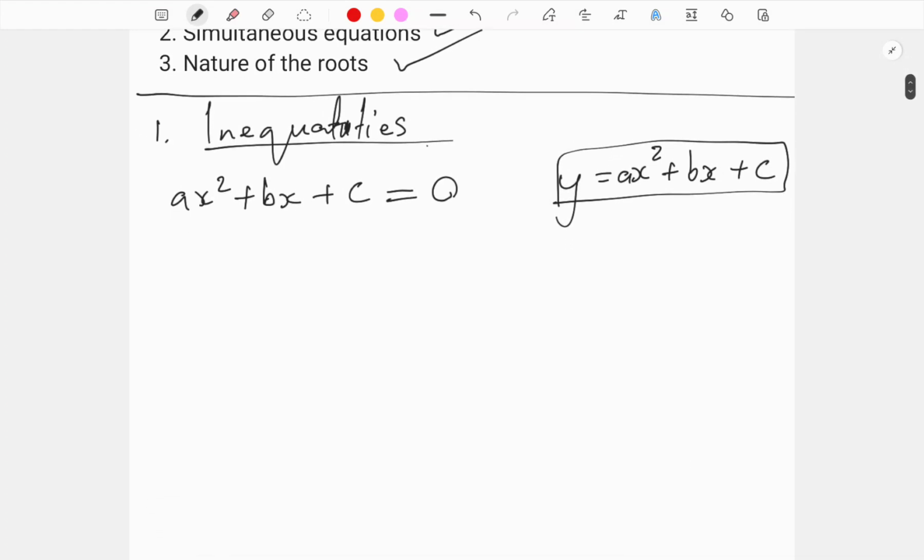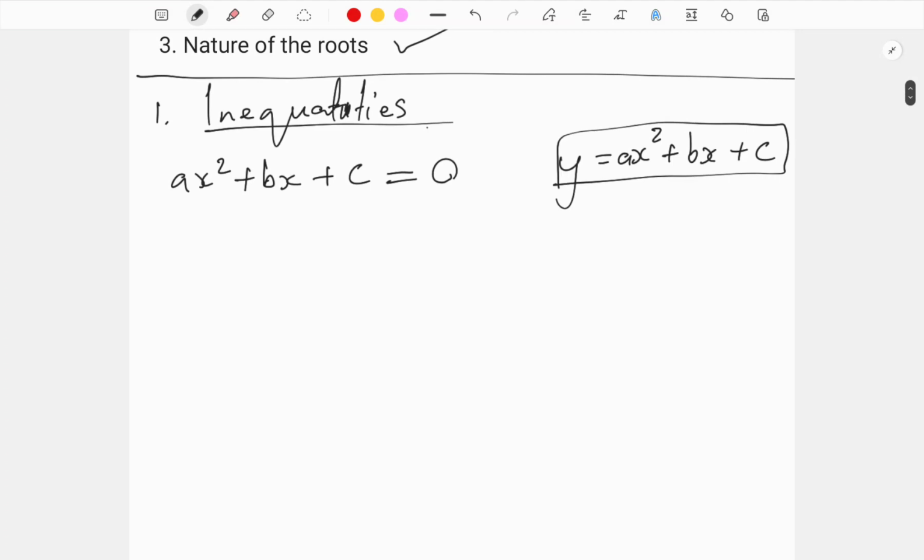So let's look at the standard forms of inequalities. We have 4 types: greater than, less than, greater than or equal to, and less than or equal to. The proper way of saying it is greater than or less than.